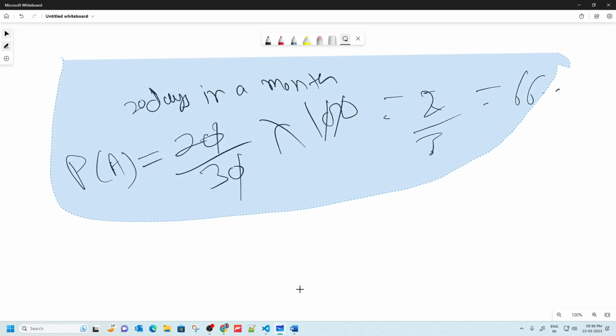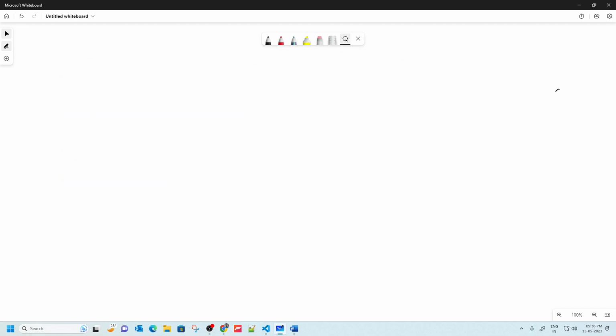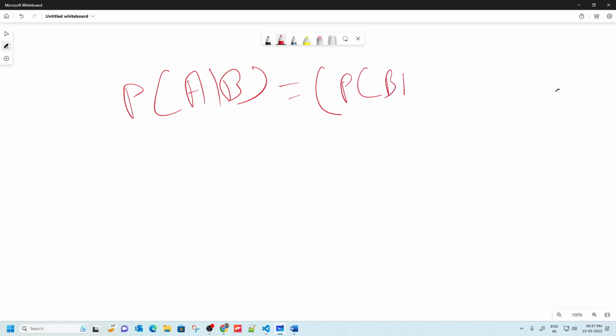So let me go ahead and give an example, so we will understand it by example. First of all, let me write the formula of conditional probability. So what is the formula? The formula is P(A|B) equal to P(B|A) into P(A) divided by P(B).